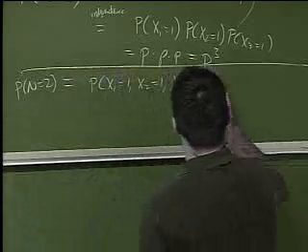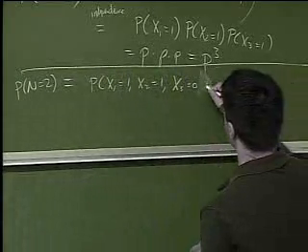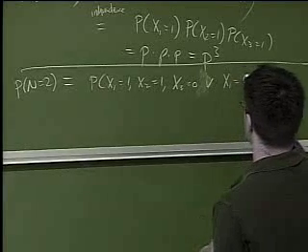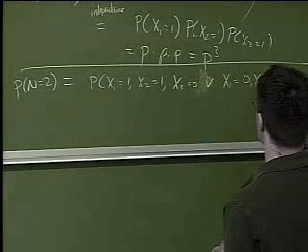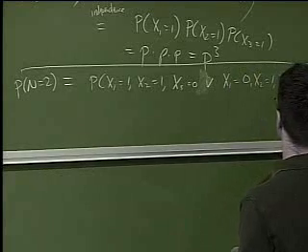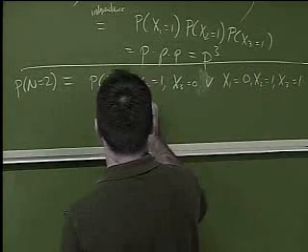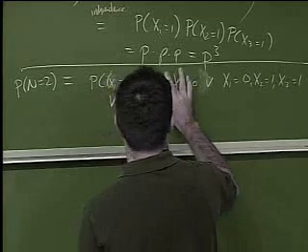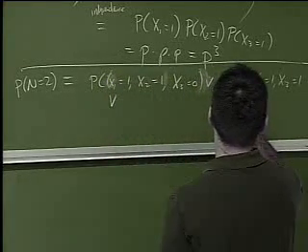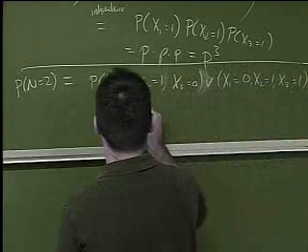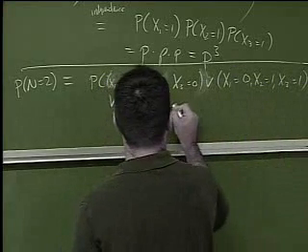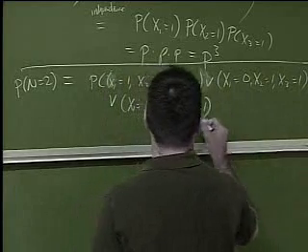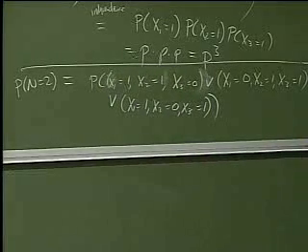So that's, and then we also have the or, x1 equals 0, x2 equals 1, x3 equals 1, or x1 equals 1, x2 equals 0, x3 equals 1. Right? Those are all the ways in which you could get the outcome happening twice.